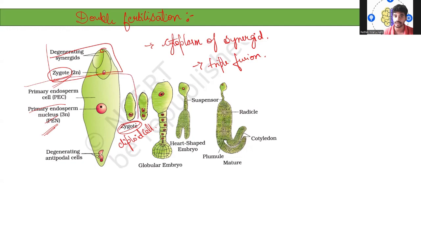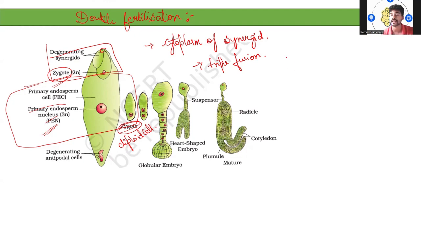Another fusion in the central part is the primary endosperm nucleus production. One is syngamy, called syngamy fusion, and another is triple fusion, right? And this takes place in the embryo sac.